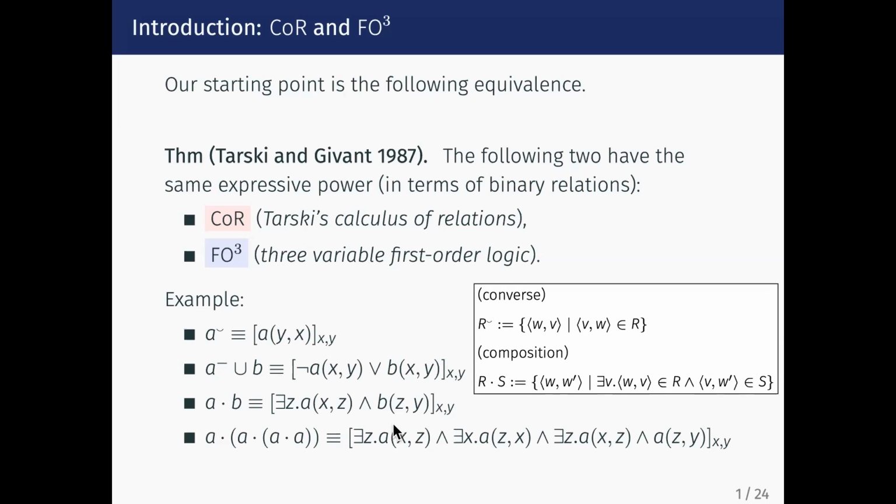So in fact, three variables are sufficient. For example, we can translate this term into first-order logic with three variables x, y, z, like this. By using variables carefully, we can translate into three-variable first-order logic formulas as follows.